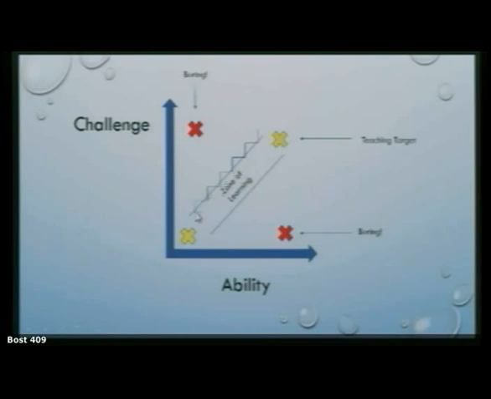Now, what's important is to realize when a child is going out of the zone of learning and when they're staying within the zone of learning.